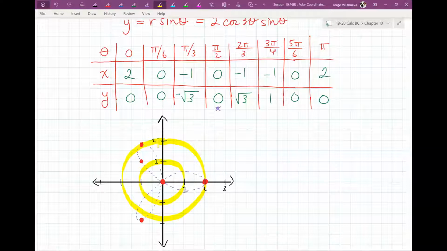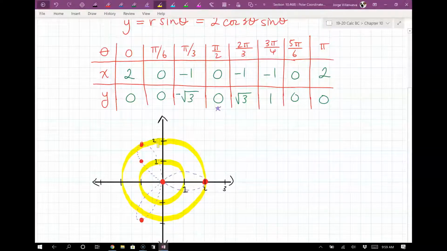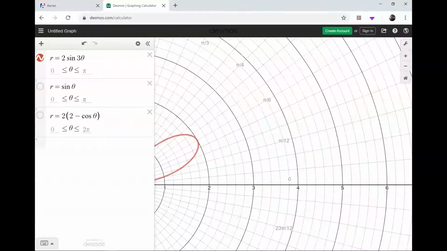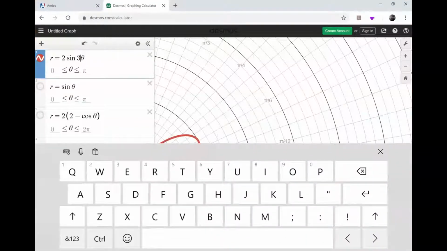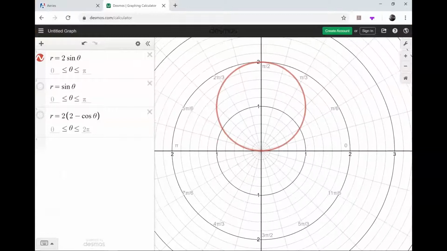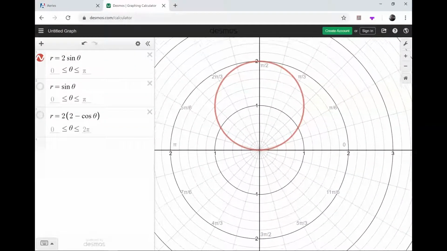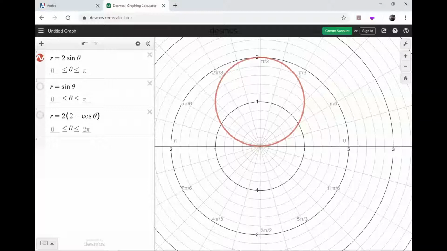These things are supposed to look like flower petals. Just so you guys know, check this out on Desmos. If I go up here to where the 3 theta is, and notice, if it's a 1 theta, then it's 1 petal, I guess you could say.